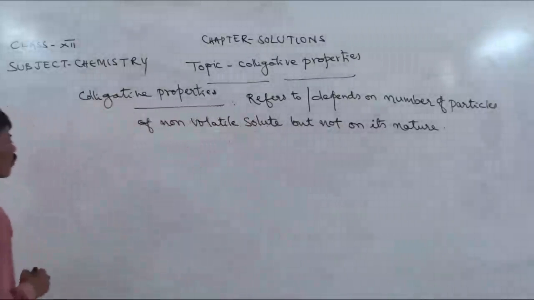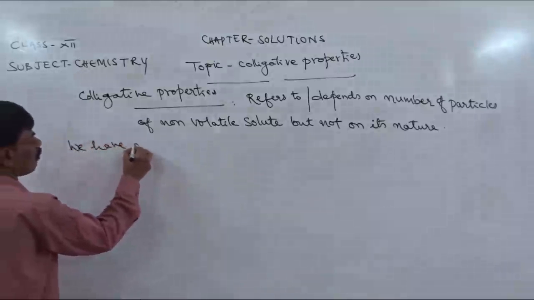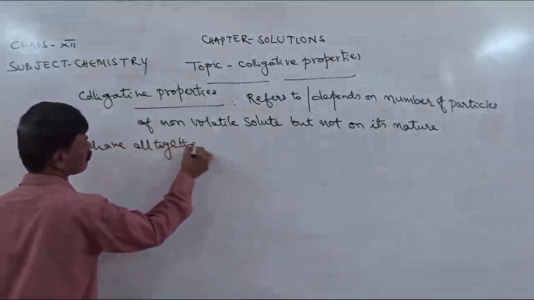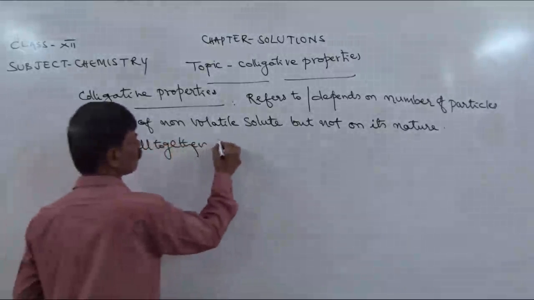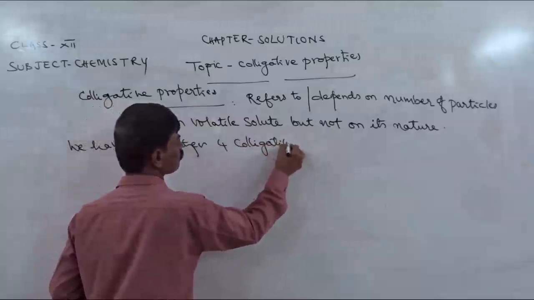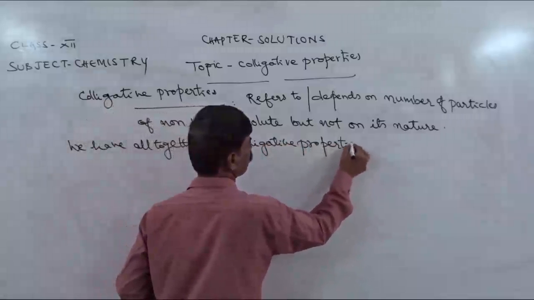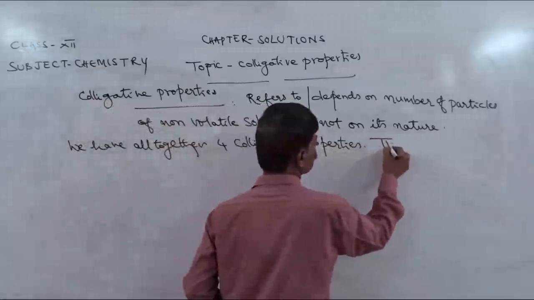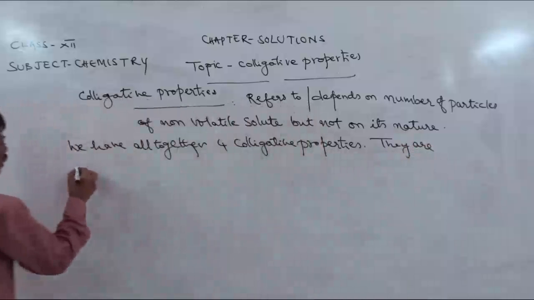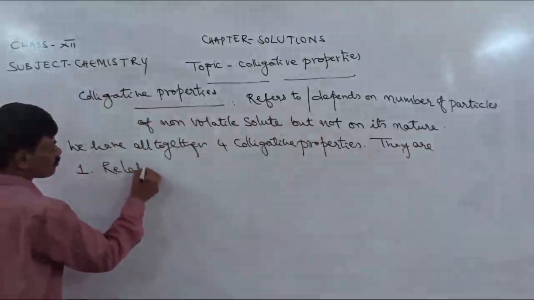And we have four colligative properties. All together, four colligative properties we have. They are: number one, relative lowering in vapor pressure.